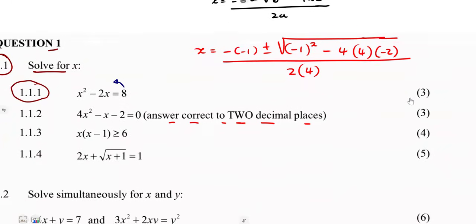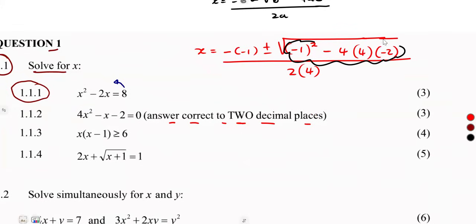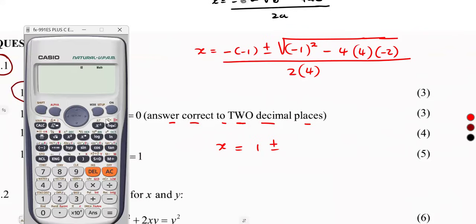So that is the application of your quadratic formula. I always say, try by all means to simplify the part that is under the square root separately. Minus and minus, that's a positive, so you're going to have plus or minus. Simplify only the numbers under the square root.